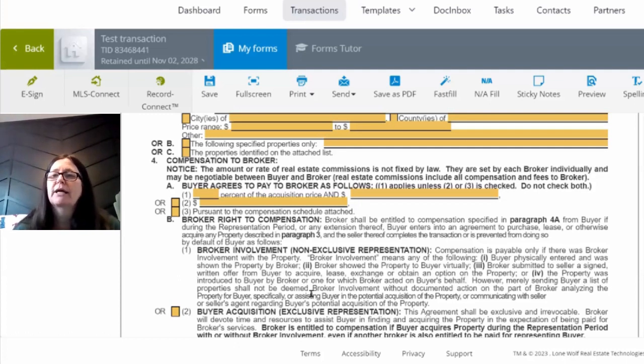Okay, so then here's the question. When does the broker get compensated? The broker is entitled to compensation right here on 4B.